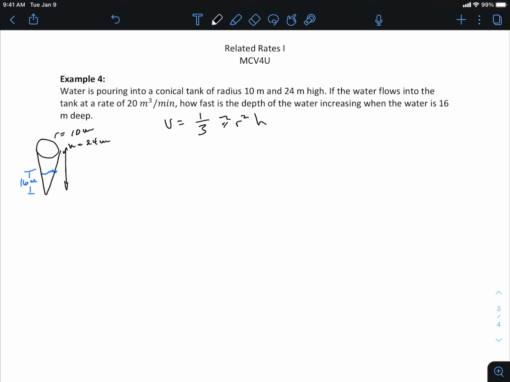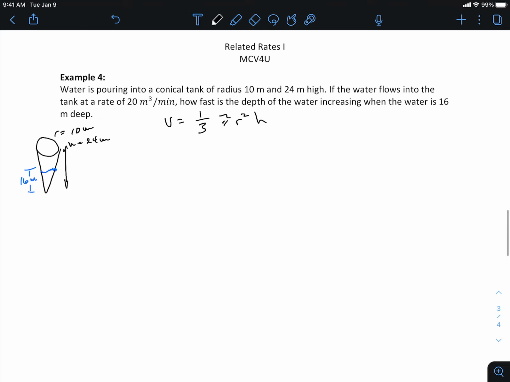Now initially we might think, if I leave the 1/3 and the pi alone and treat r squared and h as your f(x) and g(x) functions, you could apply the product rule and differentiate implicitly, but then you get this dr/dt in there, and it doesn't tell us how that is changing with respect to time. It only tells us about dh/dt. That's what makes this tricky.